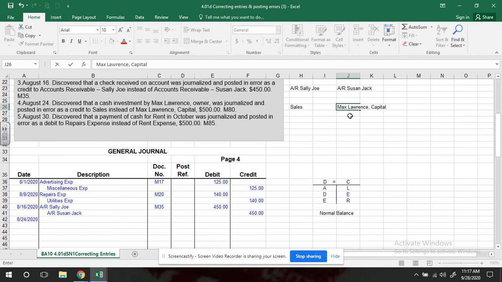Okay, so Max put money into his account, but his bookkeeper, whoever, said that it was sales and not capital. All right, so over here you see revenue. Revenue is the same as sales, and owner's equity is right above it. So we've got to take it out of sales. So to reduce it from sales of $500, sales has to be the debit.